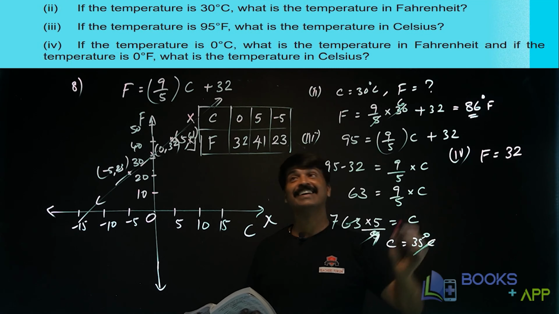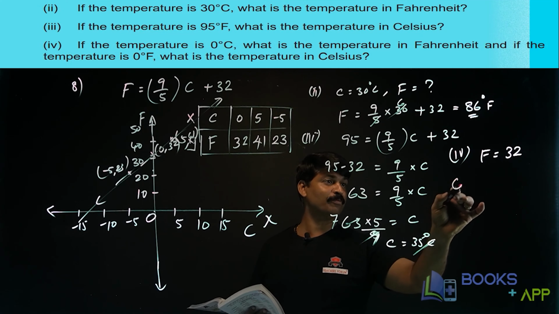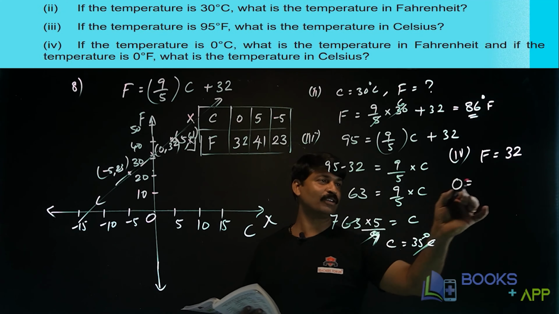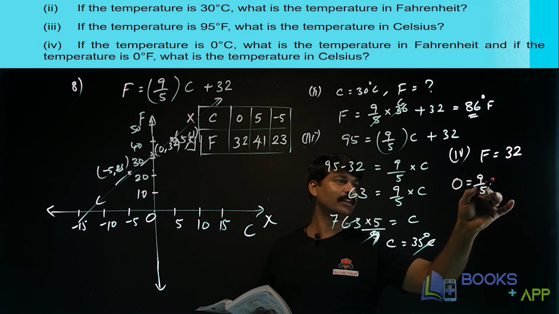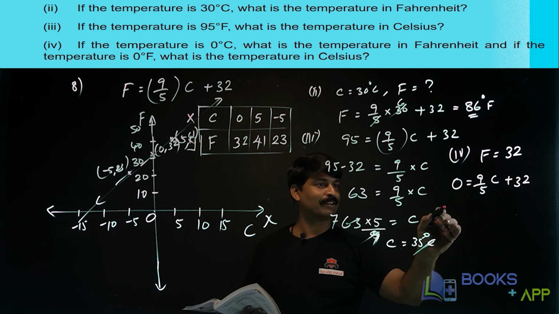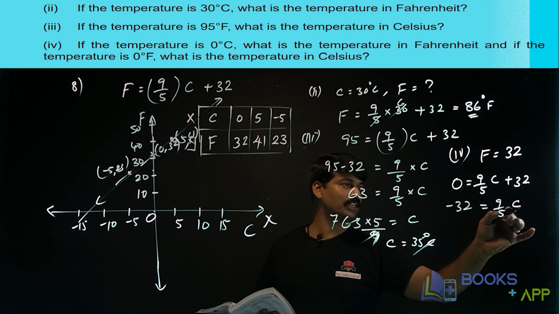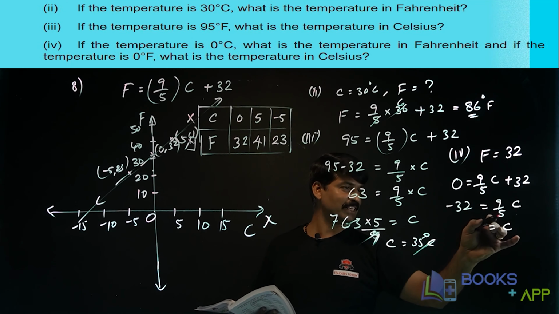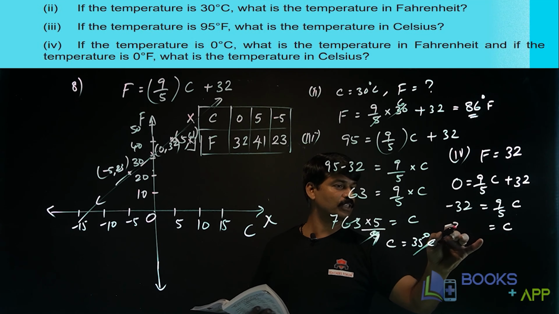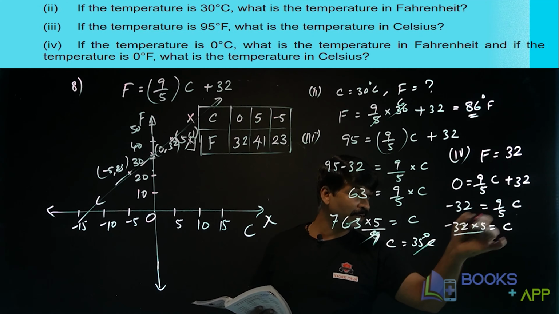Now the second one, if F is 0, what will be C? So now F becomes 0, then you have to find out what is C. That is 0 equals 9 by 5 into C plus 32. So what you have to do? 32 you should take to the left side, so it becomes minus 32, that is equal to 9 by 5 C. Now can you tell me what is C? Yes, minus 32 into 5 divided by 9.